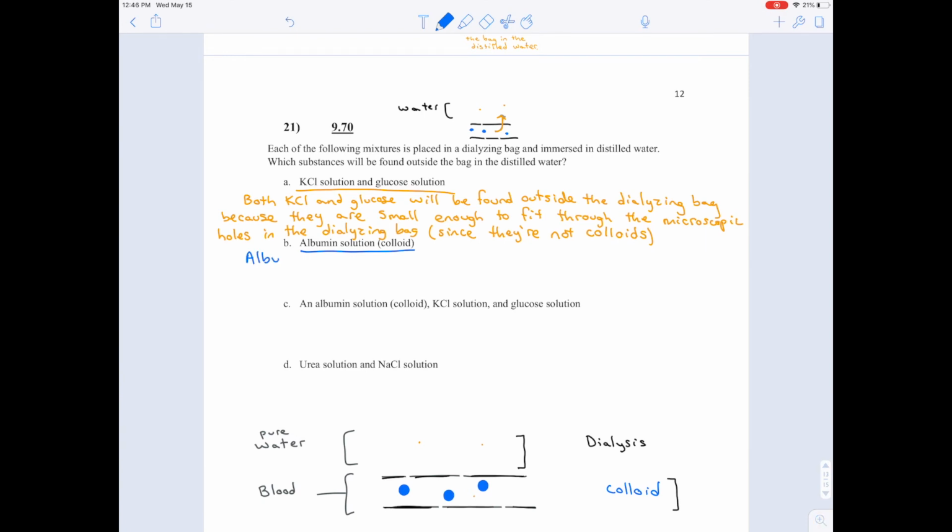So you'd write albumin will not be found outside the dialyzing bag because it is too big to fit through the microscopic holes in the dialyzing bag.